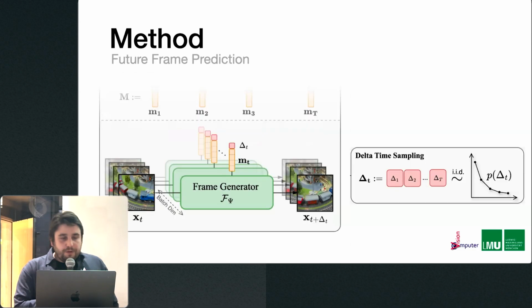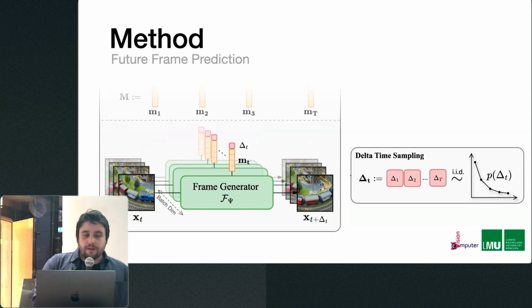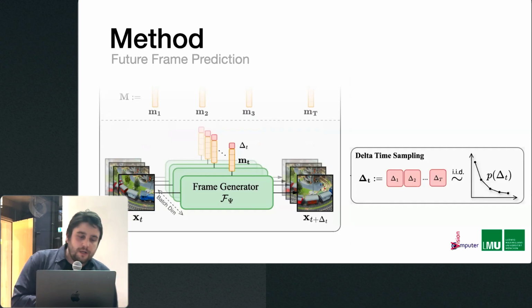What we then do with these motion embeddings, as a second base module, we have a frame generator, which receives each video image at time t, xt, alongside the motion token, or the motion representation, that was just extracted by the motion encoder.